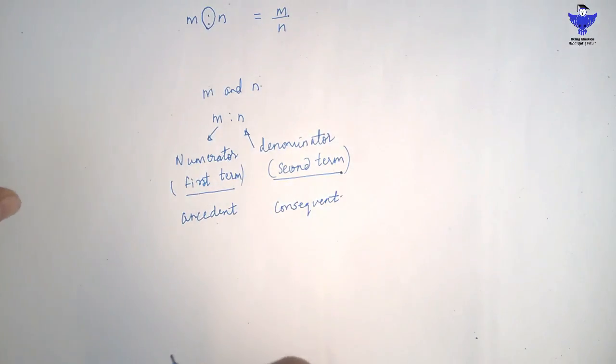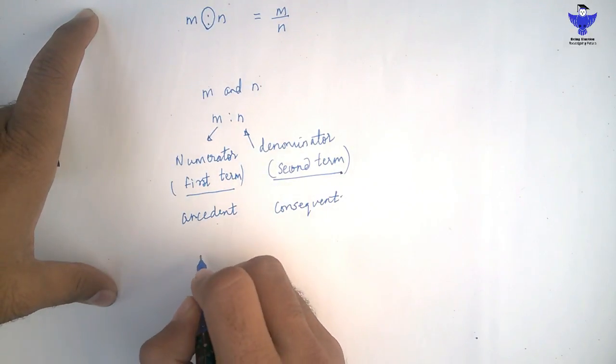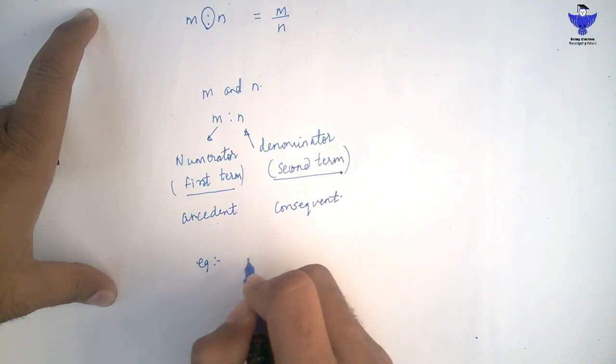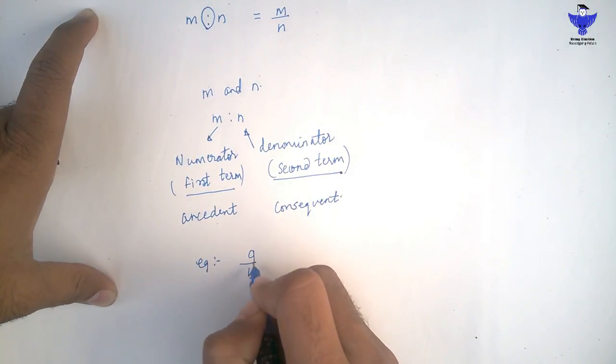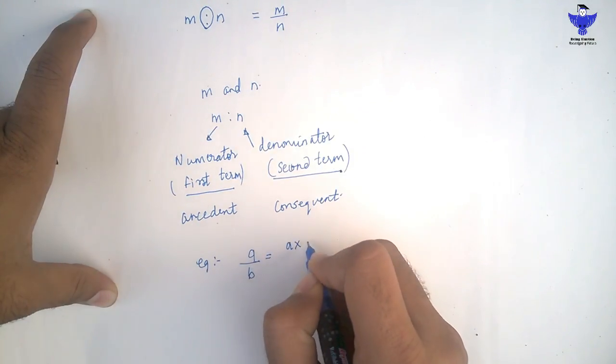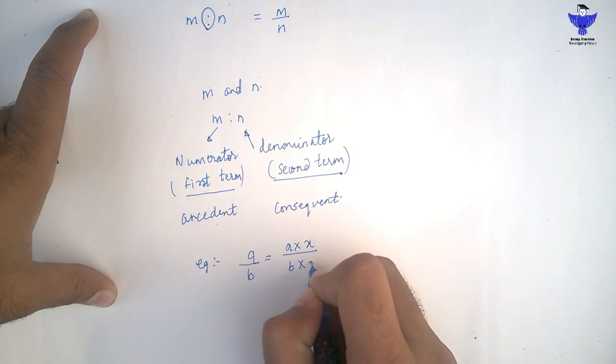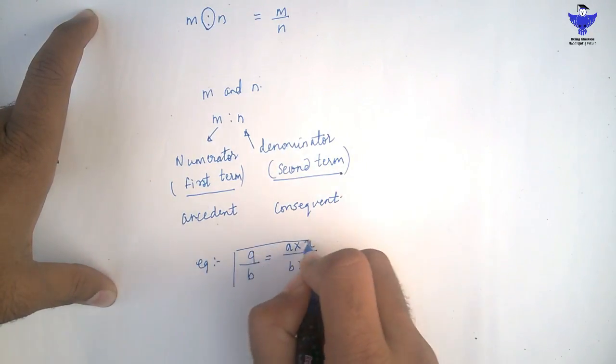If you multiply the same number in the numerator and denominator, then the value of the ratio does not change. Let's take an example. If there is a ratio a is to b, and you multiply a by any number, let's say x, and multiply b by the same number, then the value of the ratio does not change.